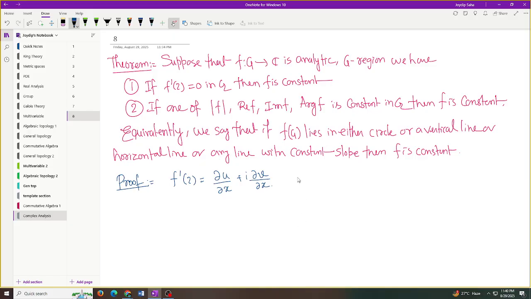So it is given 0. This implies del, because both are real valued, 0.